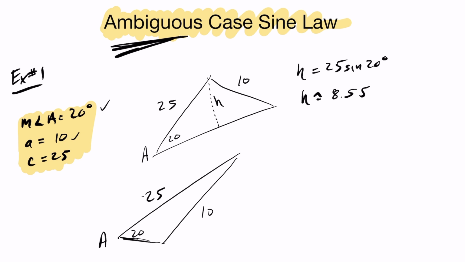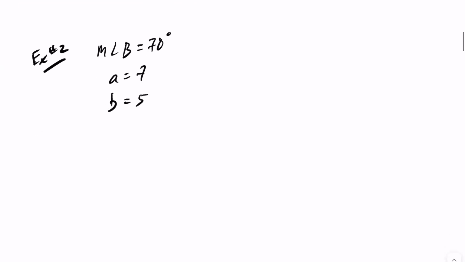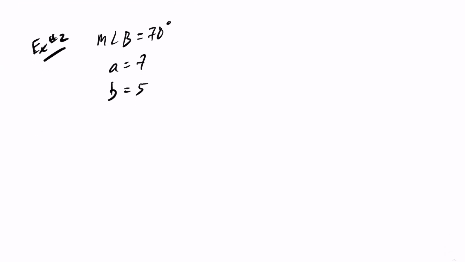Let's take a look at some other options and differences with the ambiguous case. For the next example, again, same idea. They've given us some conditions here. I've got an angle of 70 degrees, a length of 7 and a length of 5. So again, I'm going to draw this assuming I have an acute triangle. This angle here is going to be 70 degrees.